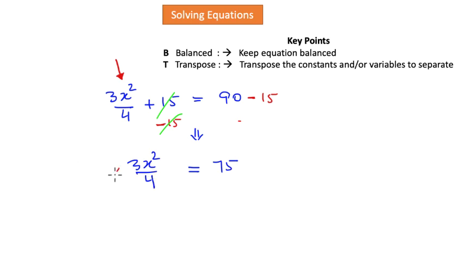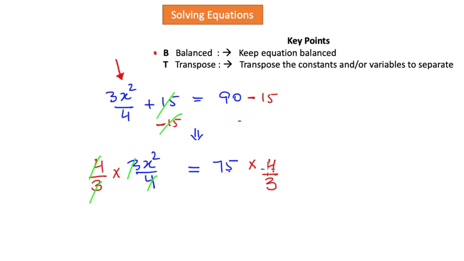That means if I multiply the left hand side by 4 over 3, I can easily get rid of 3 over 4, because now 3 will cancel out and 4 will cancel out. But to keep the equation balanced all the time, I have to perform the same mathematical operation on the right hand side, correct? So when I do this, it gives me some cancellations.